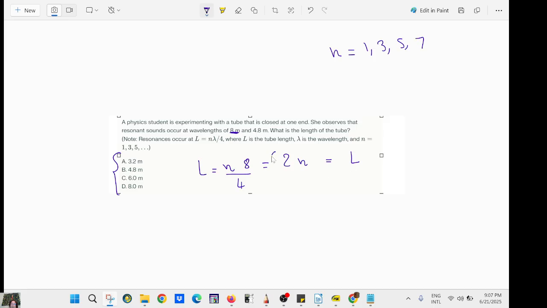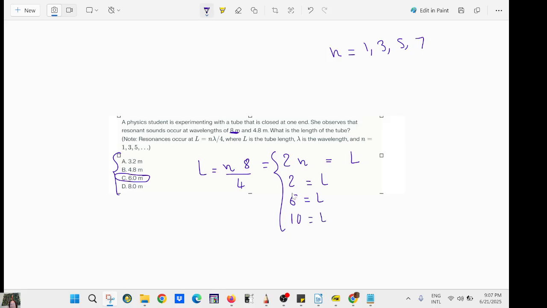So let's take a guess. If N equals 1, then L equals 2, but this is not there. If N equals 3, then 6, this is here. And then 5, so I have 10, and it's not there.